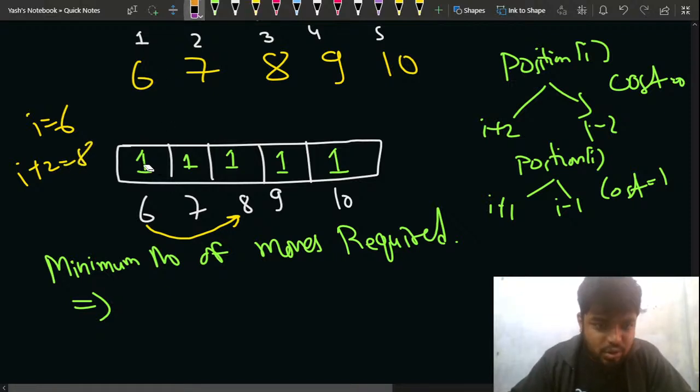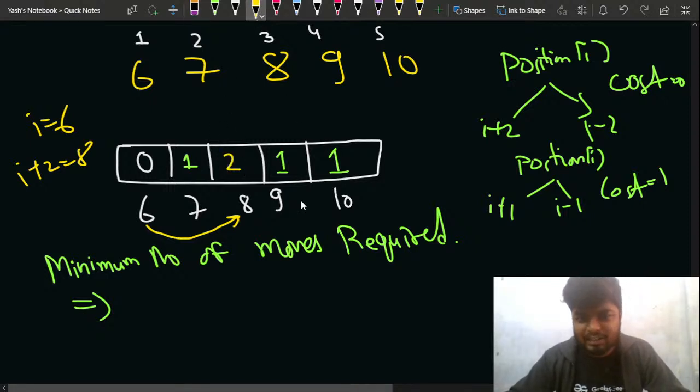So this will be gone from here and this will be 0. Now at 8 I have 2 chips.